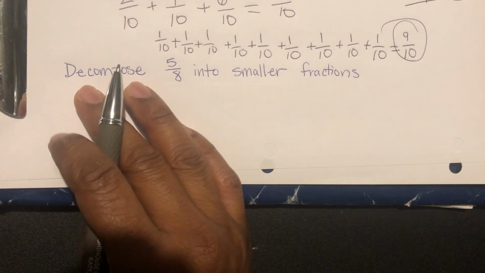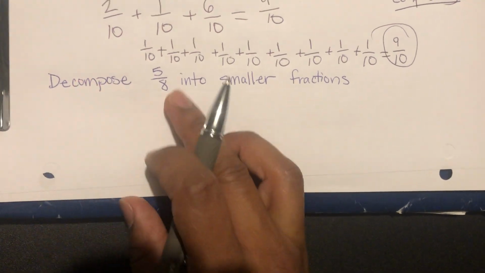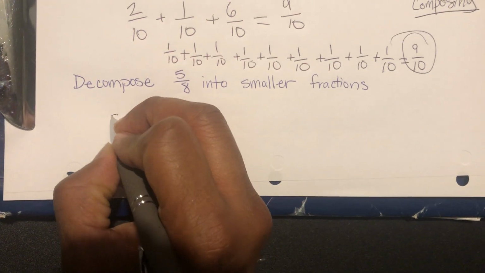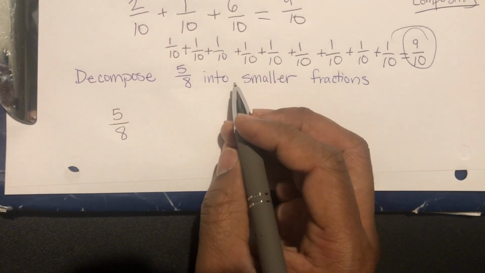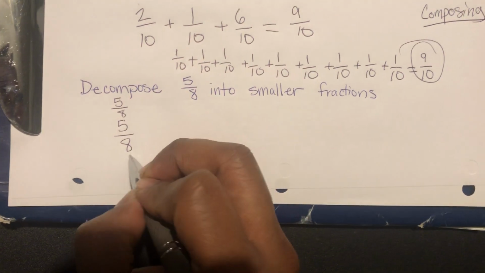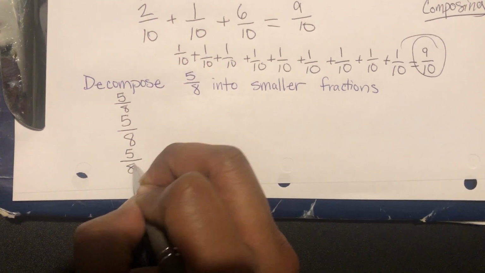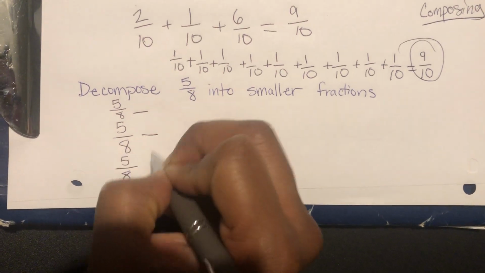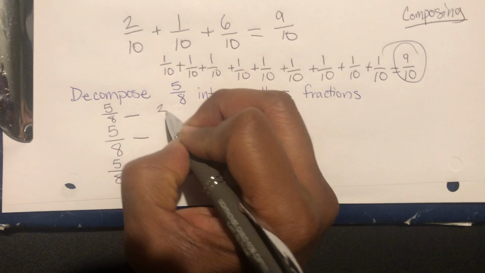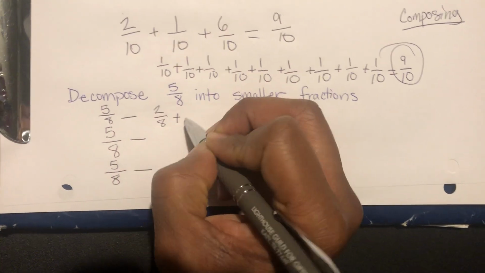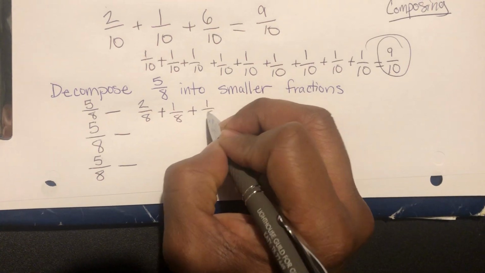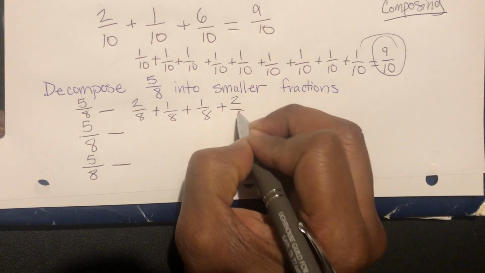Decomposing. Let's try this one. This is an example of a decomposing question. Decompose 5/8 into smaller fractions. All right, so we have 5/8 here. And we know that for all of our answer choices, they're going to list 5/8 here. Okay? The only thing is they're going to give you answers that look like this: 2/8 plus 1/8 plus 1/8 plus 2/8.